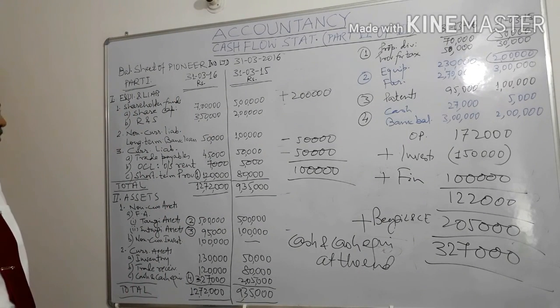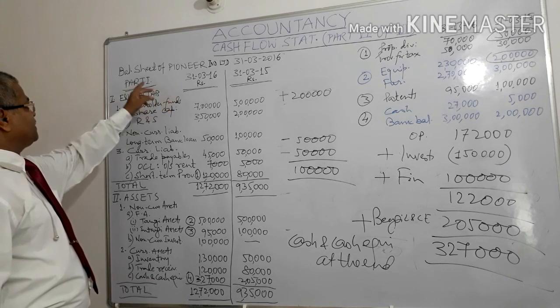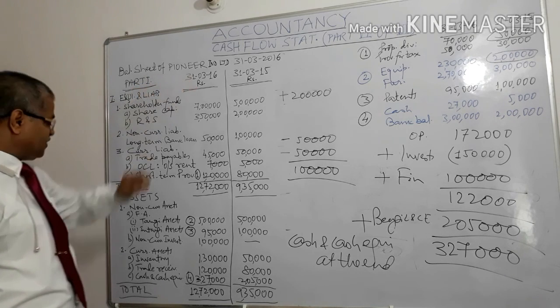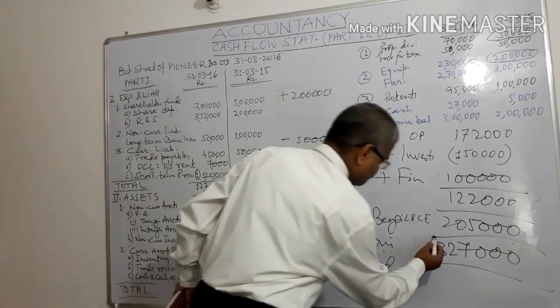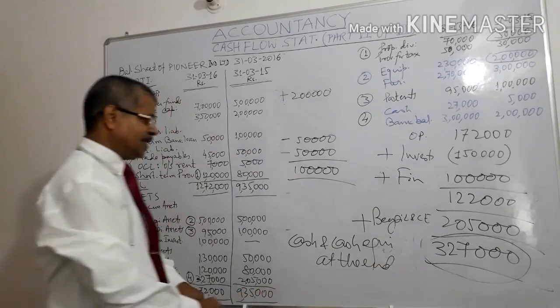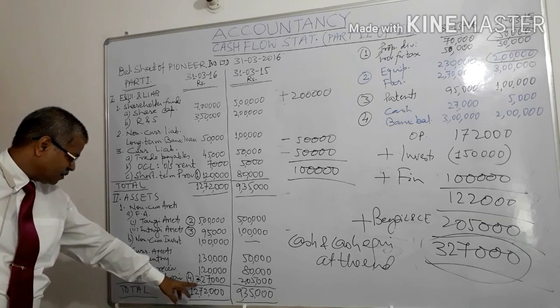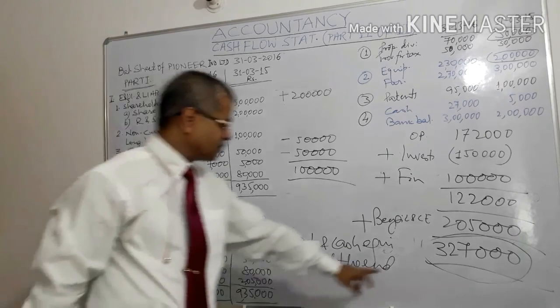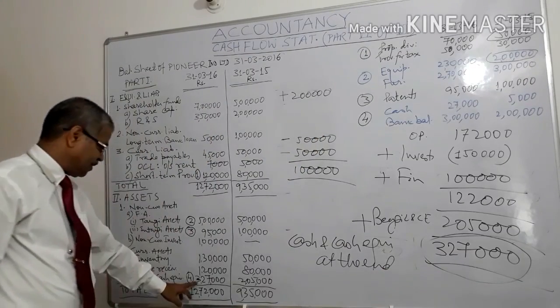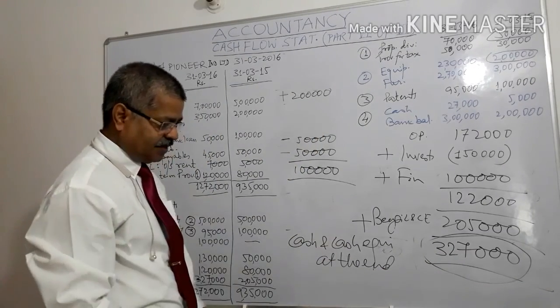Cash flow for 2015-16 Pioneer Industries Limited, and that figure will always tally with this cash and cash equivalent at the end of the period. Here it will always balance with this, right?